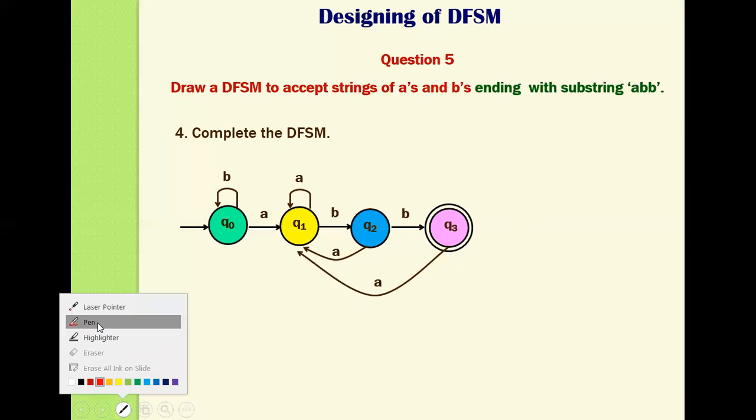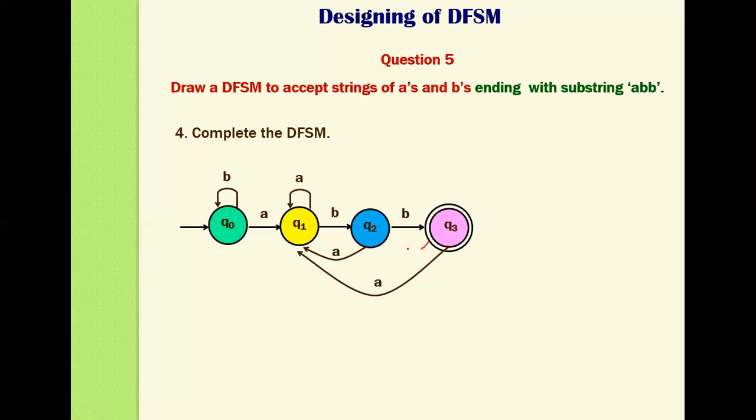If at all I had given A here, then my string would give A, B, B, A, B. If I have to come back, I should read A, then again the forward one B, then only it will reach the final state. But is it ending with A, B, B? No, right? So this is not possible.